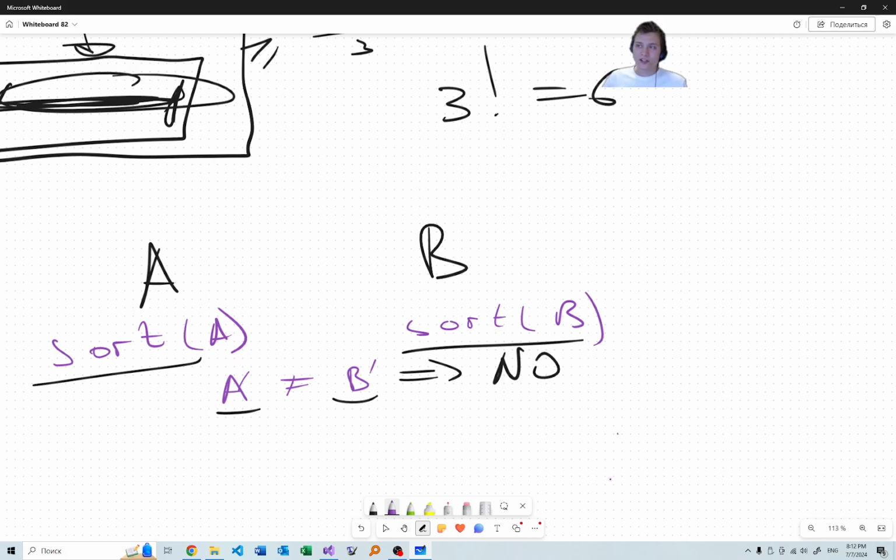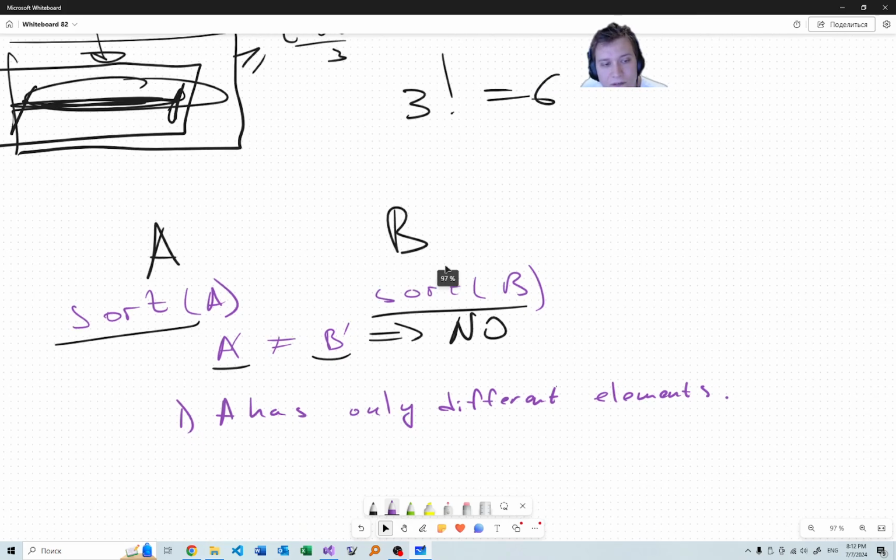Okay, now let's assume that they are equal. Then, you might know that each swap changes the parity of a permutation. Let's just assume for now, temporarily, that A has only different elements.